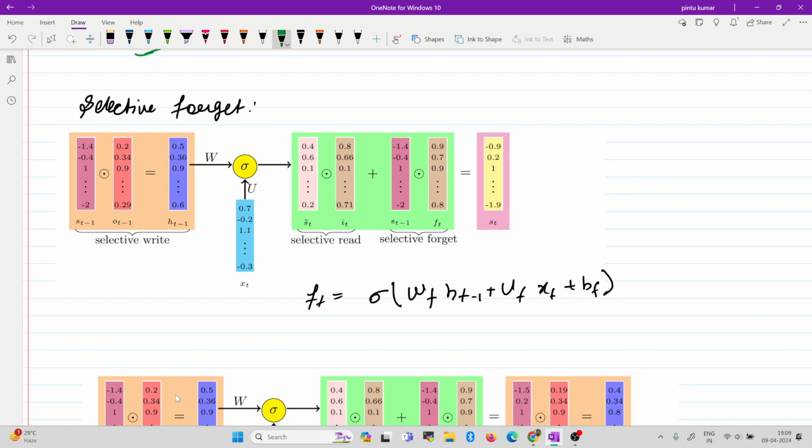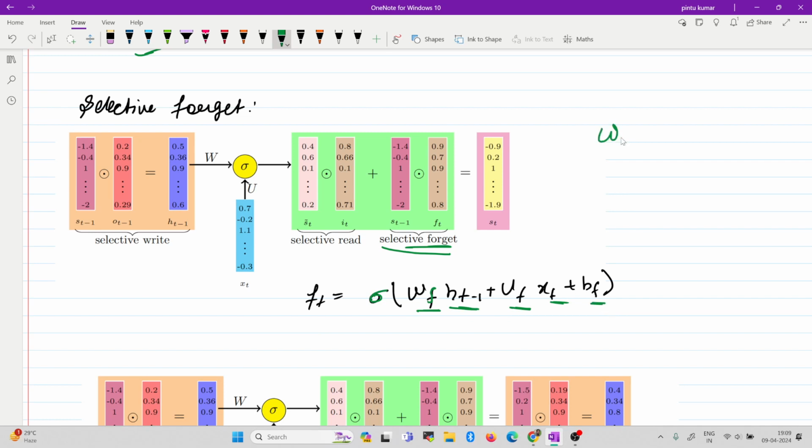Now there is this last step that we did in the calculation. Out of whatever was available with us, what is the information that we want to remove? To remove information, we define something known as the forget gate, or the erase gate. This is also very similar to what we have: sigmoid of Wf h of t minus 1 plus Uf x of t plus some bias.